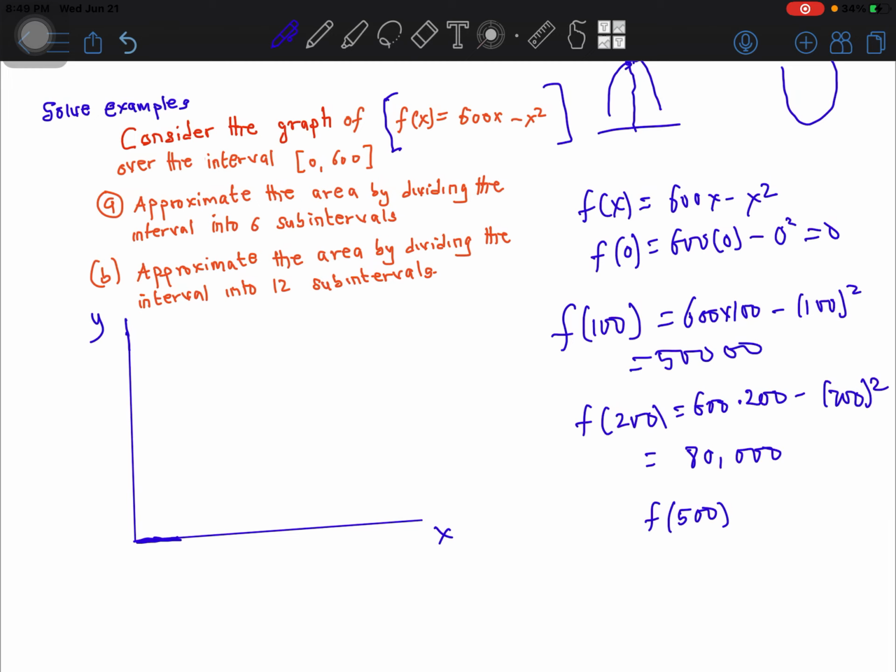Here, f of 500, we are going to get 600 times 500 minus 500 squared, and at the end of the day, we are going to get 50,000 as well. So now you come here and do your division here. Let's make them straight.